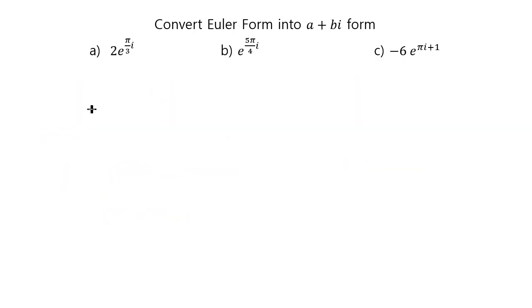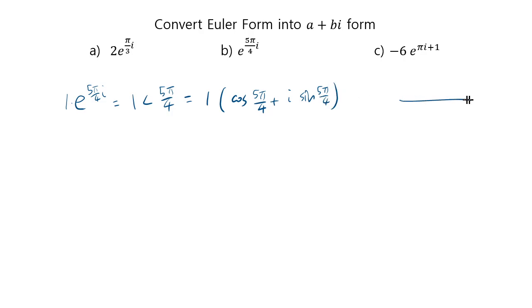Okay, let's move on to the next one. e to the 5 pi over 4 I. If you don't have anything in front, think of it as 1, okay? So this is really like 1 angle 5 pi over 4. But we only need to use the r times cosine of this angle plus I times sine of the same angle.